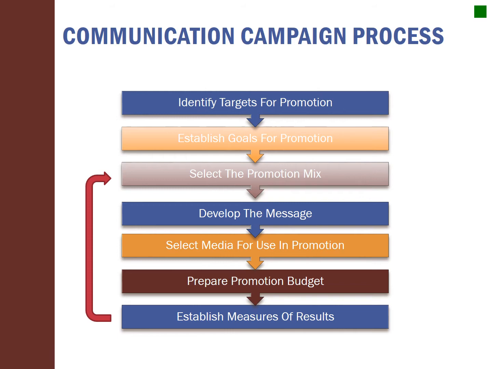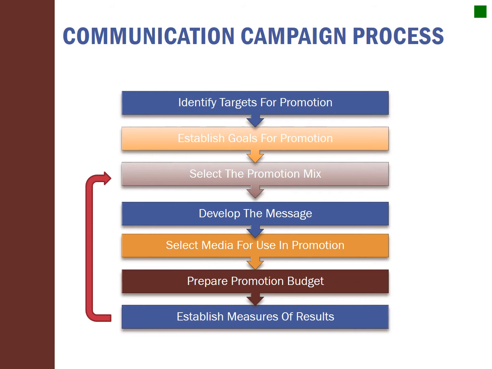If you get results, we compare those results to what our goals were, and then based on that, we tweak our messaging. We tweak maybe the outlets that we put the messages on, we tweak the promotional mix that we're using perhaps, and then we rerun the advertisement, or we rerun the promotion, or we continue to run it to see if those changes improve the results that we're getting.